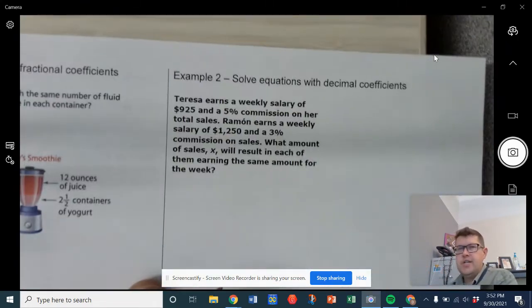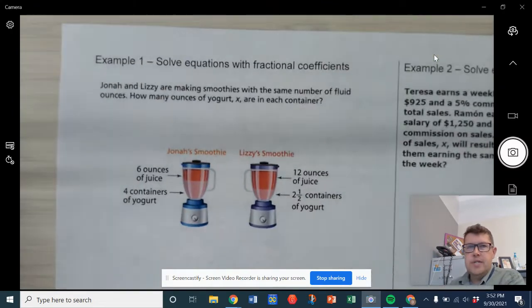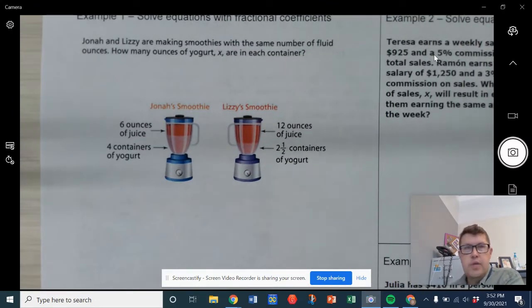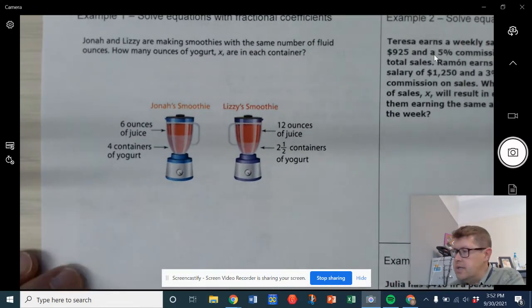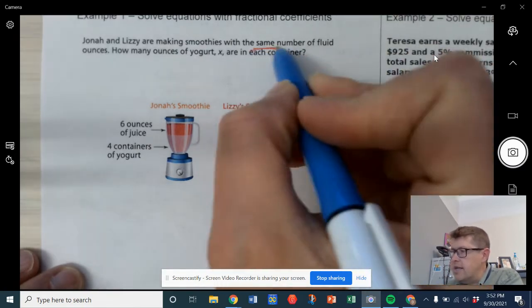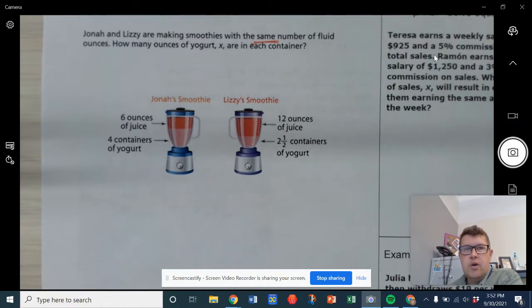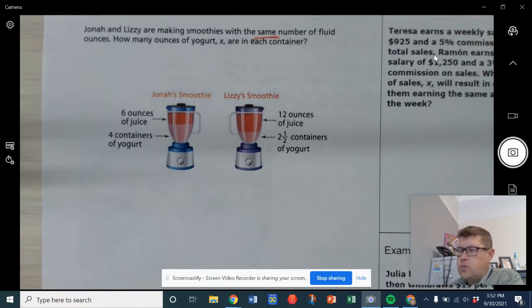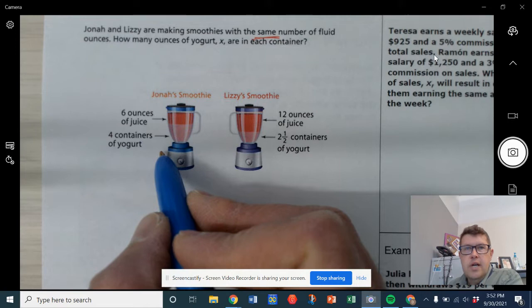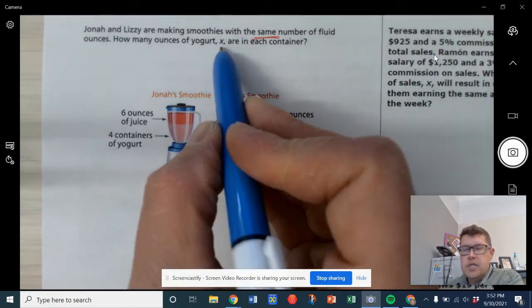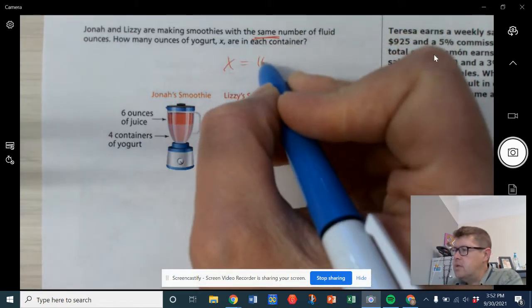Okay, this is a fractional one. Fractions suck, but we'll fraction bust it. Joan and Lizzie are making smoothies with the same number of fluid ounces. That's the key right there. How many ounces of yogurt X are in each container? You have 6 ounces of juice with 4 containers of yogurt, and we're figuring out X, the number of ounces in each yogurt container.